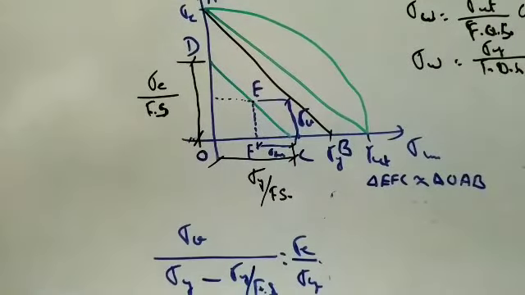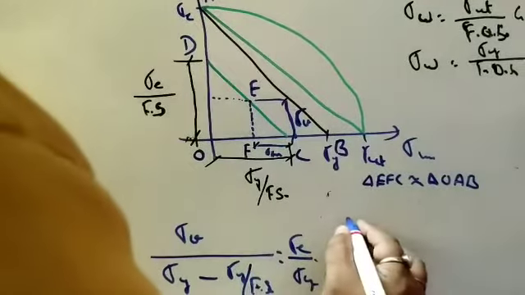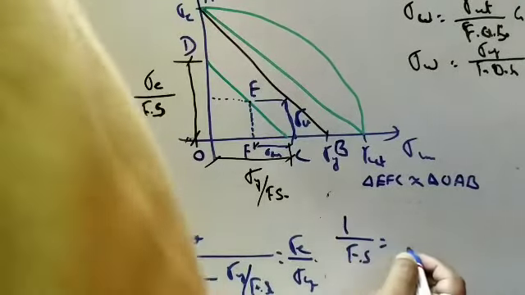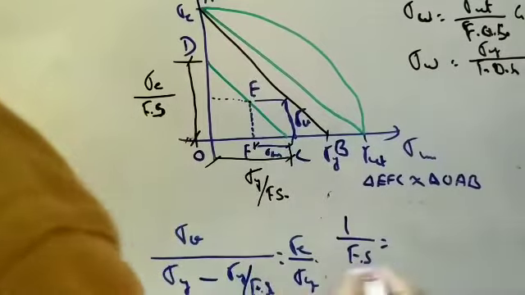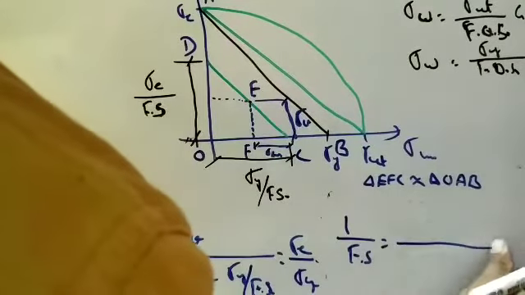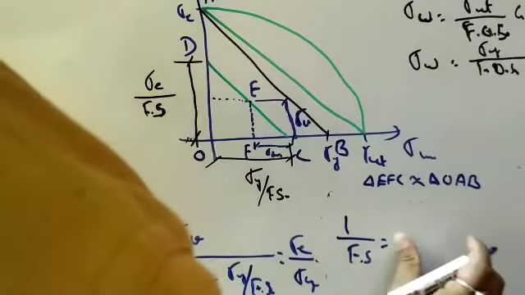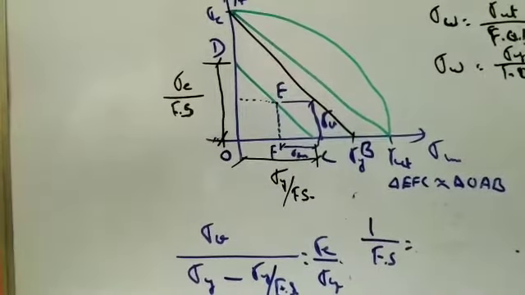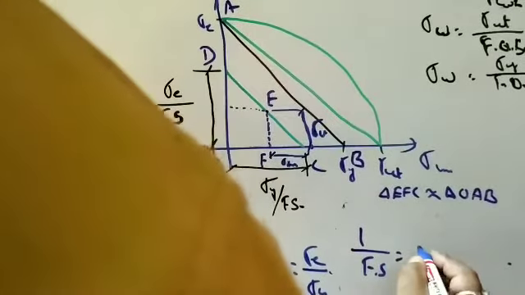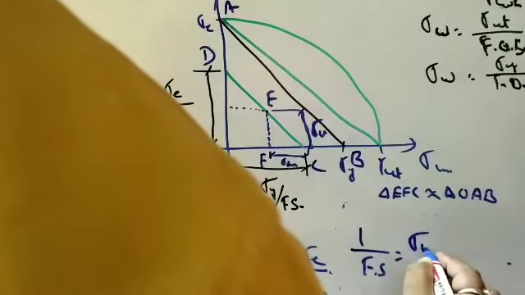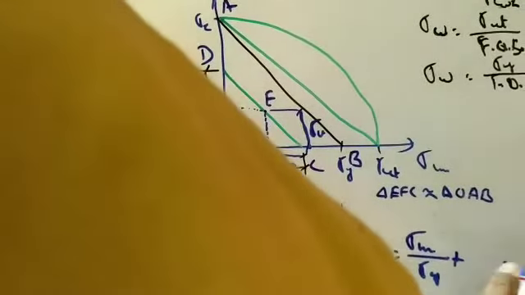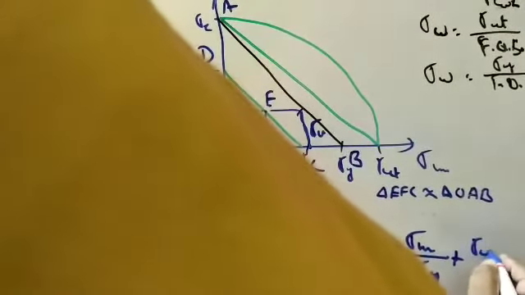Now if we rearrange this, we get 1 by factor of safety is equal to sigma M by sigma yield point plus sigma V by sigma endurance.